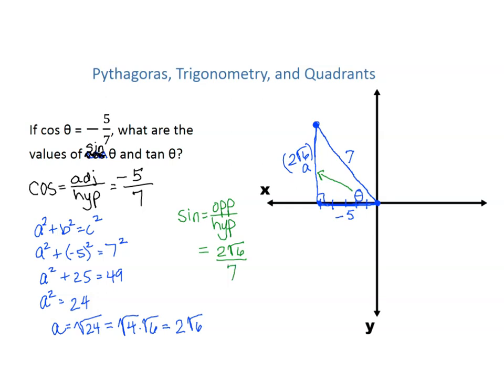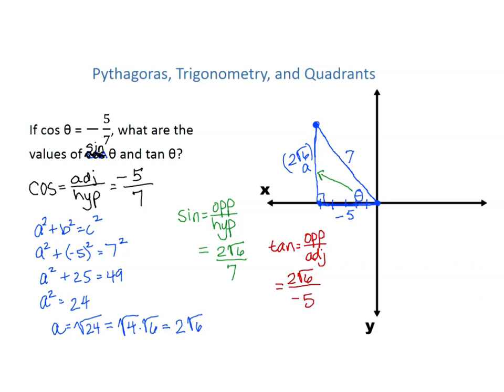So there's our sine. And then lastly, we have to find tangent, and tangent is opposite over adjacent. So our opposite side, again, is 2 root 6, and our adjacent side is negative 5.